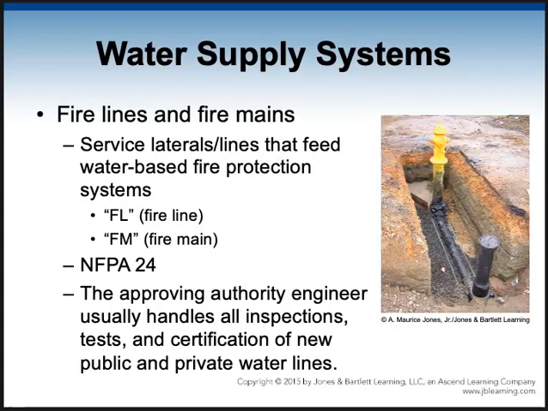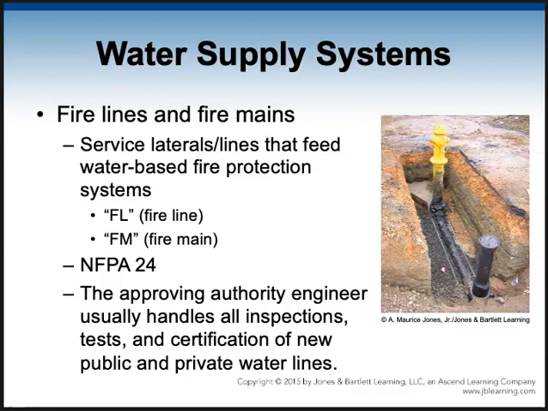Now, when we're going to do the fire lines and the fire mains, right at where the public water meets the curb or meets the property of the private property owner, that's where there's going to be a meter, right, that makes sure that you're paying for your water. But we're going to have two different lines, one for fire, one for domestic.